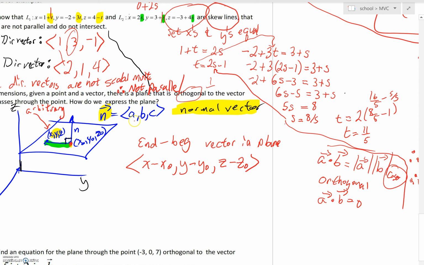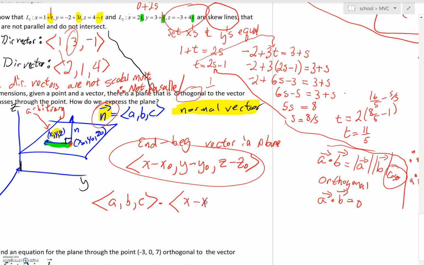So what are we getting at? We can take this vector n and this vector here and do a dot product. And because we know that this normal vector is making a right angle with this vector and with the plane in general, we can set this equal to 0. So what do we get?